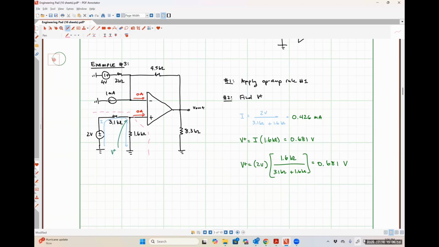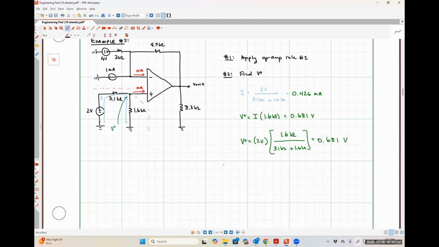Finding the Thevenin equivalent and then reattaching it will make it look more like the examples that we've worked previously. So not expecting everybody to do that, but if you were ever in doubt, you could actually use the Thevenin equivalent circuit to simplify portions of these networks to make it look like things that you've seen before. Okay, so we have figured out V plus in a couple of different ways.